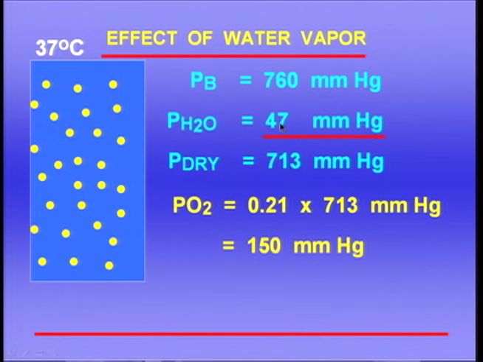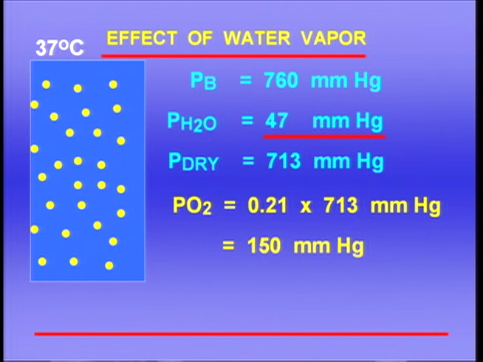That's very important. As a matter of fact, if you increase the temperature to 100 degrees Celsius, then the water vapor pressure is 760. And that is the reason why water boils at that temperature of 100 degrees Celsius. So in order to calculate the partial pressure of oxygen in moist inspired gas, we have to subtract the water vapor partial pressure, which is 47.